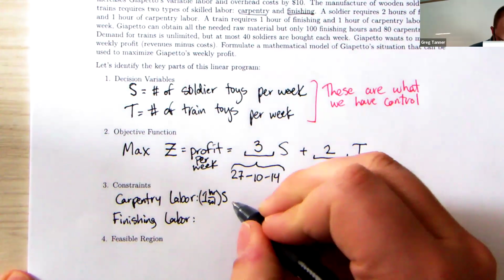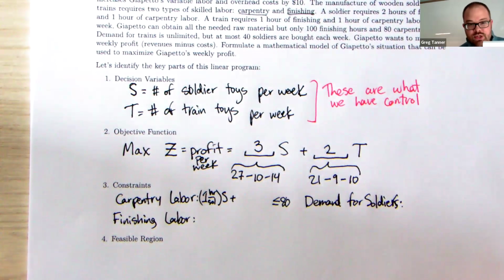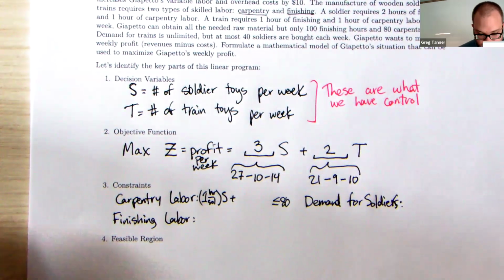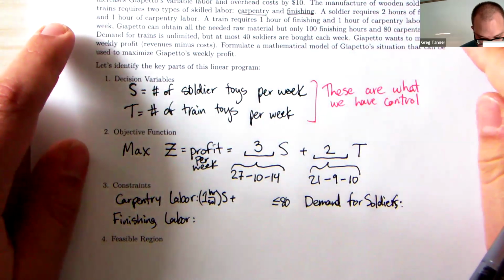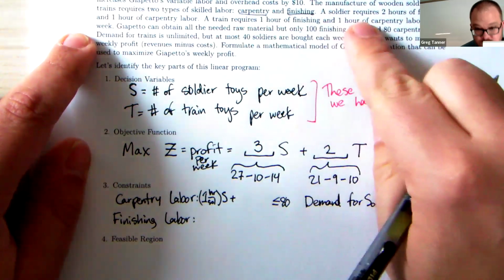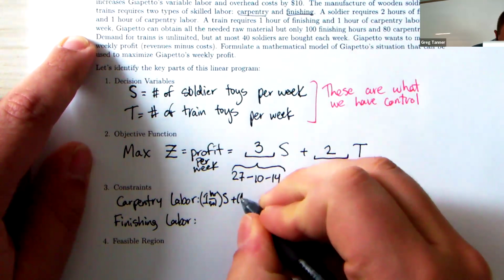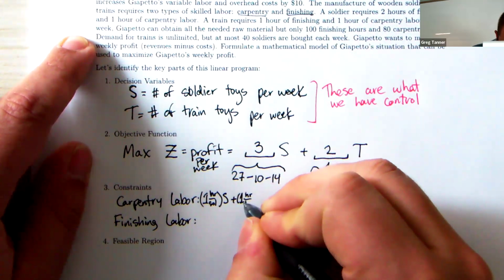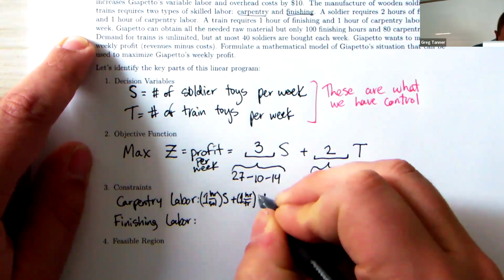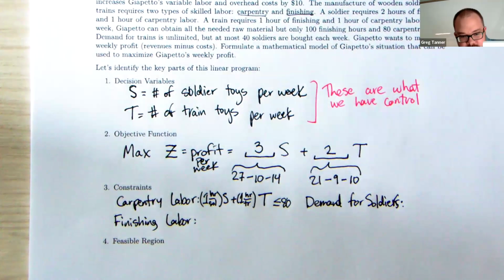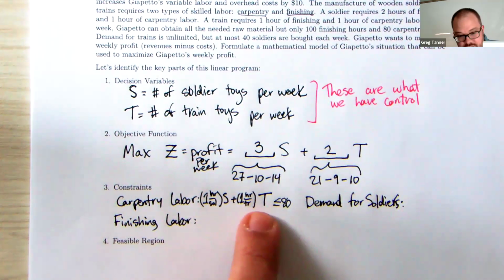Similarly, we can think about the carpentry hours used up by trains. A train requires 1 hour of carpentry. So we also have 1 hour per train times the number of trains. That will give us the total hours needed for carpentry.